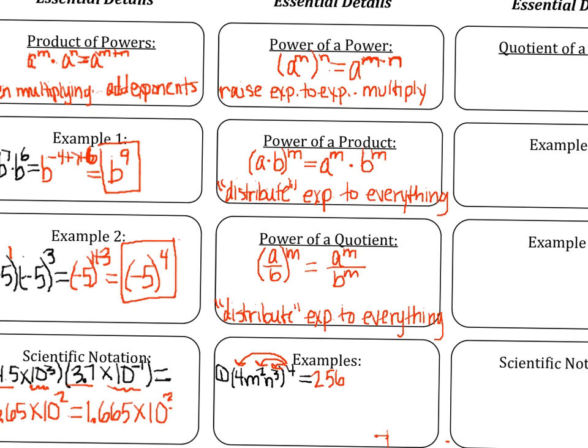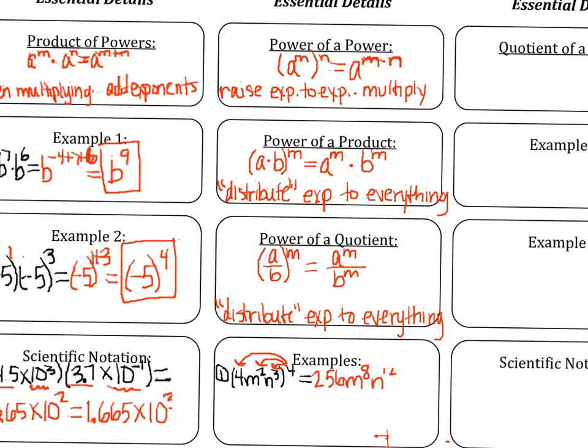So this will be times m to the 8th power. And then n to the third raised to the fourth, this is the same property, so we multiply: 3 times 4 is 12. That gives you n to the 12th. So we've got 256 m to the 8th n to the 12th.